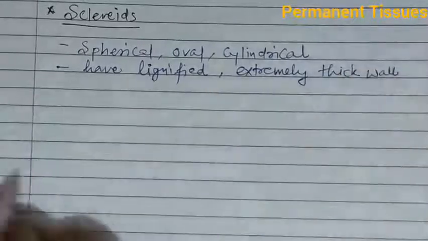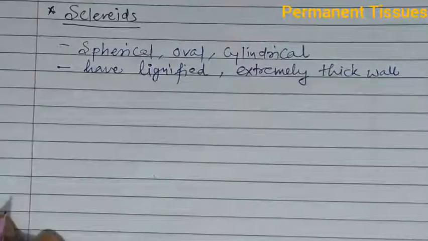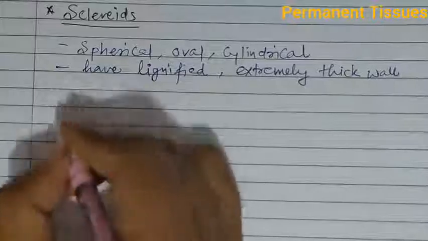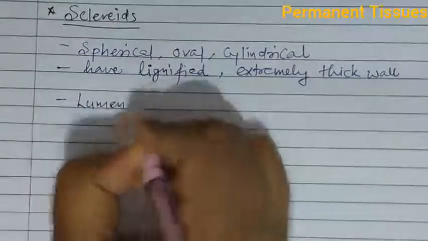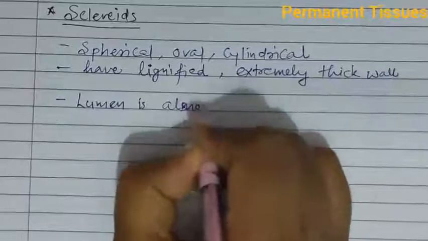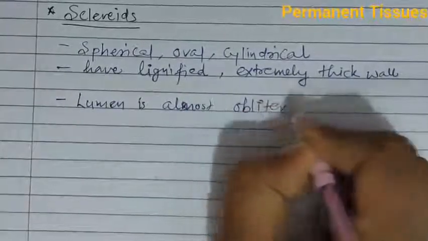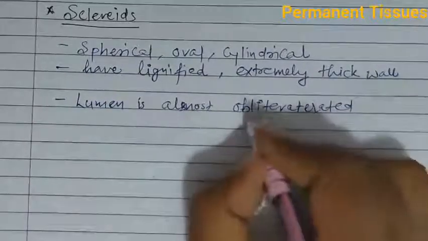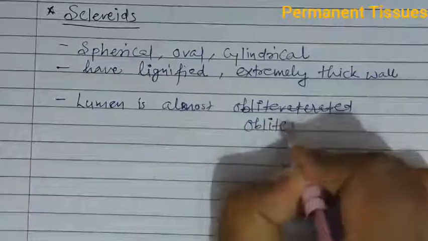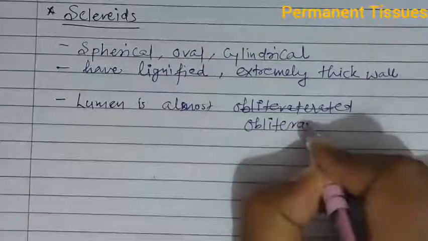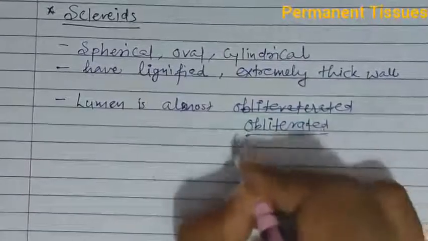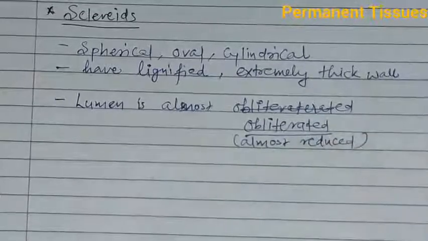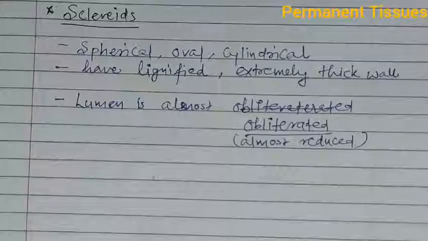Due to more lignin deposition and more cell wall formation, the lumen is almost obliterated, which means it is almost reduced. They are found in hard parts of the plant.